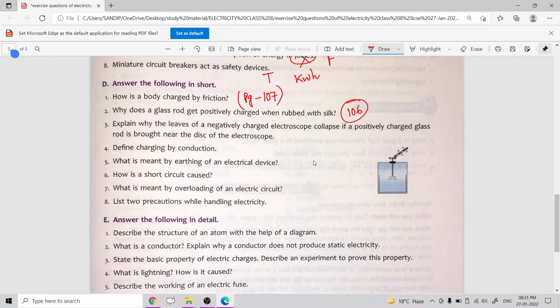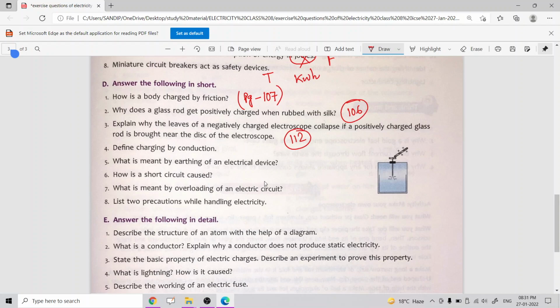But if you take a positively charged glass rod very near to the disc of the electroscope, some positive charge moves to the leaves of the electroscope, and that is why the leaves of the negatively charged electroscope collapse. Okay, so you get the answer on page number 112.